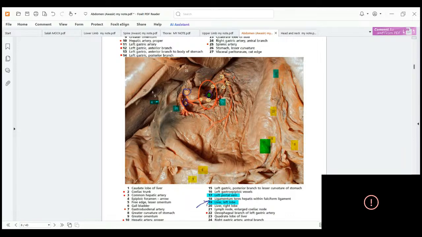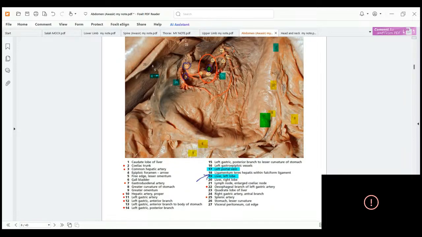20, 22. 22 is again a branch from the left gastric. 22 maybe superior branch of left gastric. 22 esophageal branch of the left gastric.